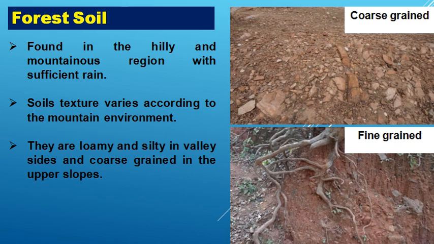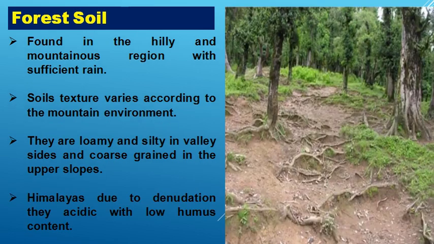These soils are loamy as well as silty. When I say loamy, it means the soil is perfect. It has a good proportion of sand, clay, silt. When I say silty here, it refers to coarse soil, that is rough soil. So coarse grain is found in the upper slope and fine grain will be found in the lower slopes.